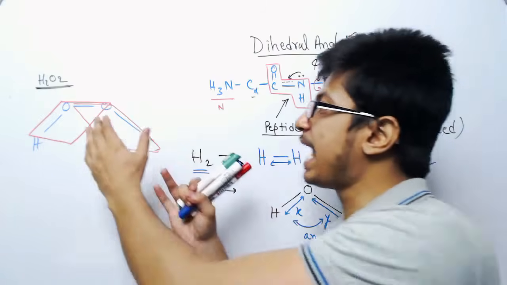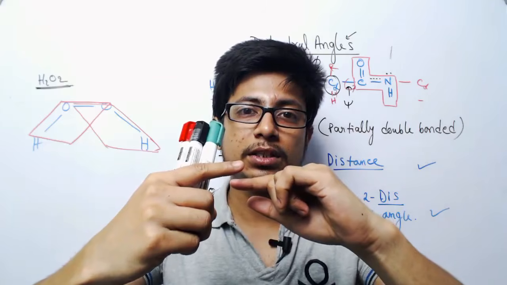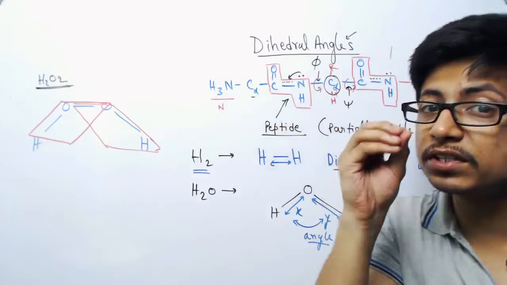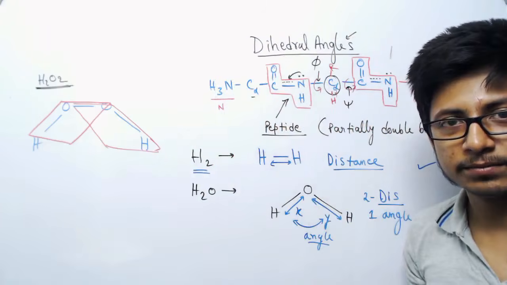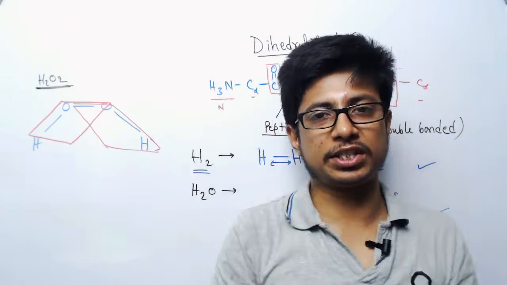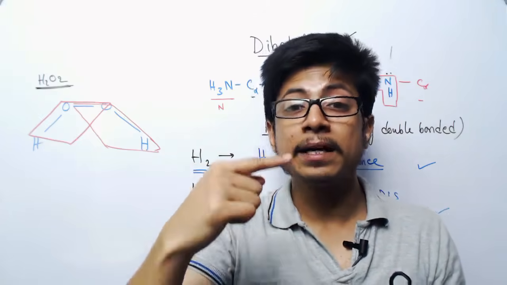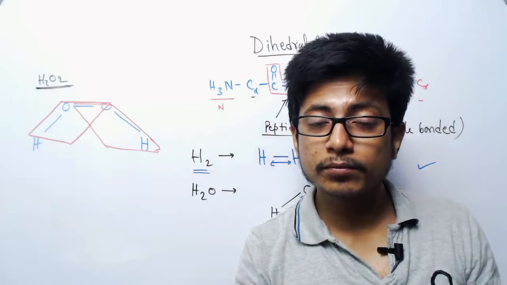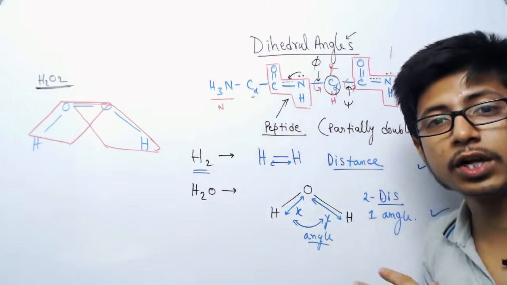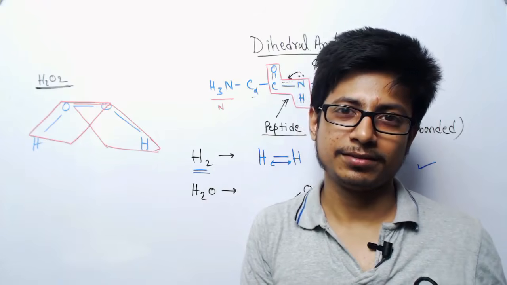So for a specific angle, there will be a specific way of rotation, and that will give a specific structure to the peptide chain. Let's say if the angle is plus 160 degrees, they are going to rotate to a certain extent. That is going to give the structure of a beta sheet as a secondary structure.